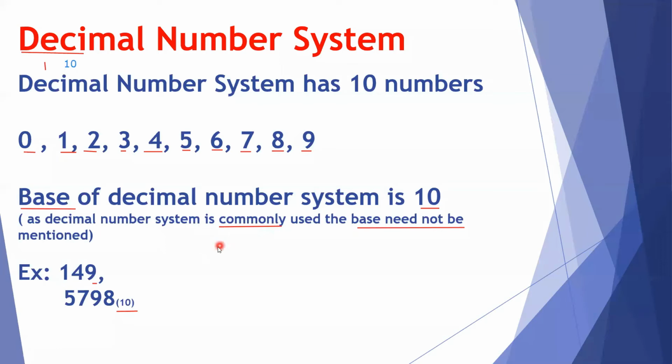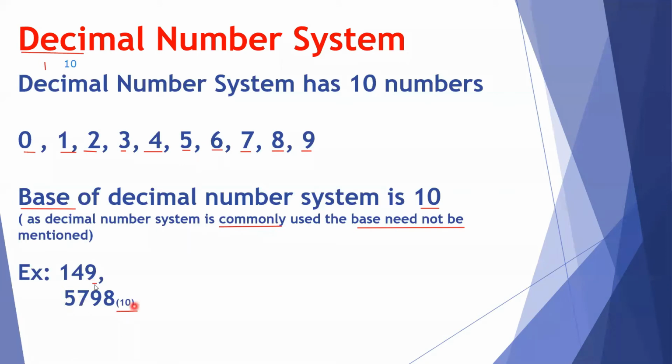Now let us see the examples. Example 149: 1 is there in decimal, 4 is also there, and 9 is also there in the decimal system. So this is a decimal number, and the base is not mentioned even though it is a decimal number. Next example is 5798: 5 is present, 7 is present, 9 is present, and 8 is present.